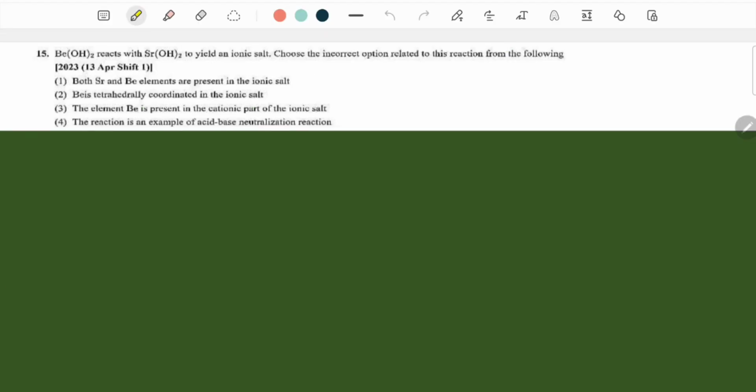Have a look at the question. Beryllium hydroxide has amphoteric nature, which means it reacts with acid as well as base.